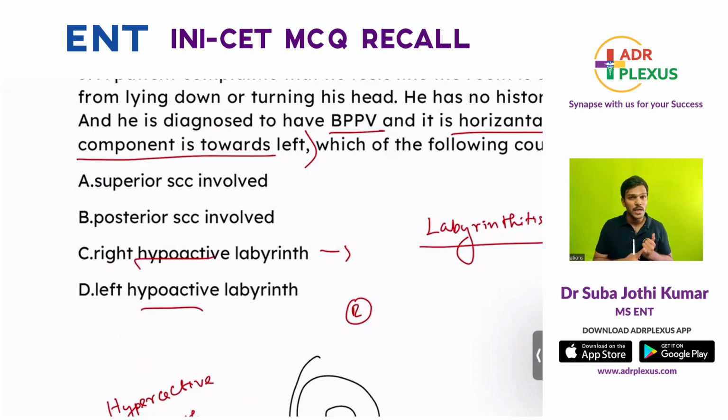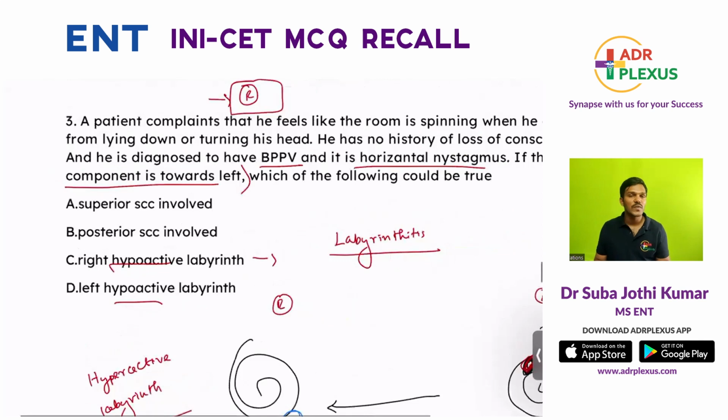Do superior, posterior and lateral semicircular canal involvement have distinctive features? Generally, no. In BPPV, whichever semicircular canal is involved, you just have to look at the direction of the fast component. The direction of the fast component will be the direction of the nystagmus.